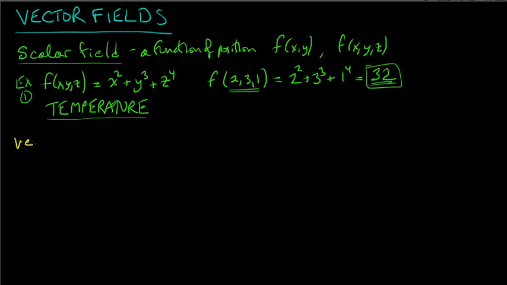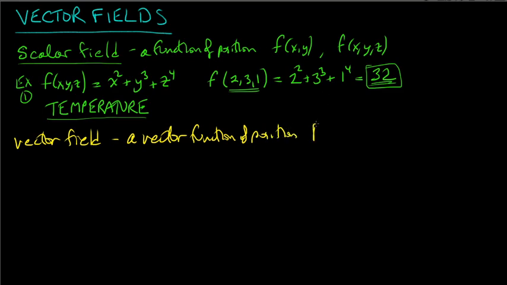So what is a vector field? Well, as you can imagine, it's still a function of position, but it's now a vector function of position. So instead of a little f here, we're going to use a capital F, and we're going to put an arrow over it because it is a vector.